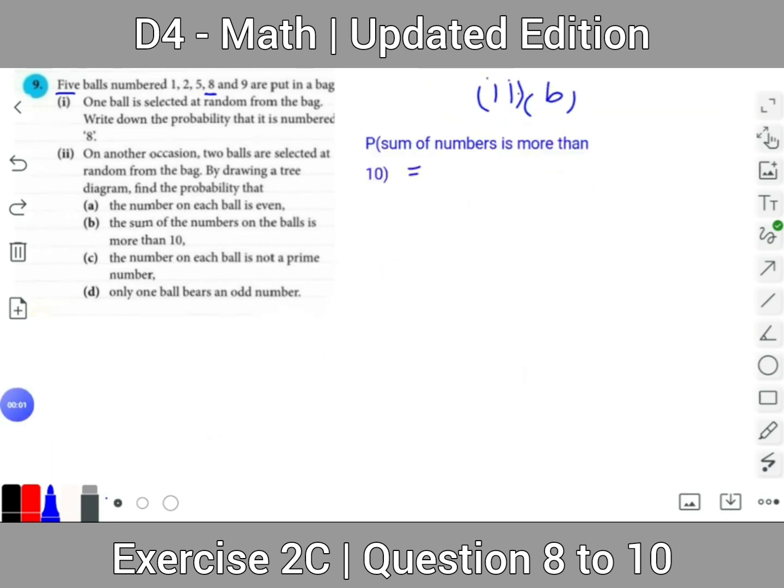Now in part B we have to find the probability that the sum of the numbers on the balls is more than 10.